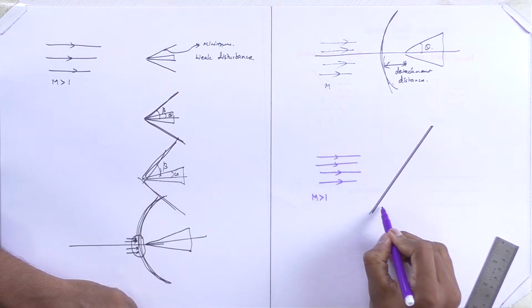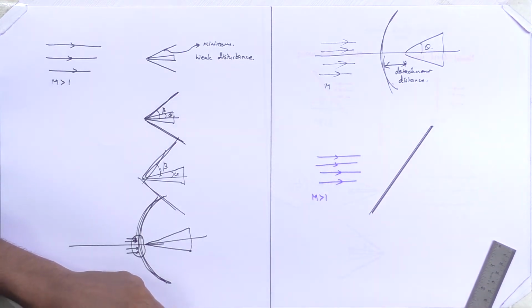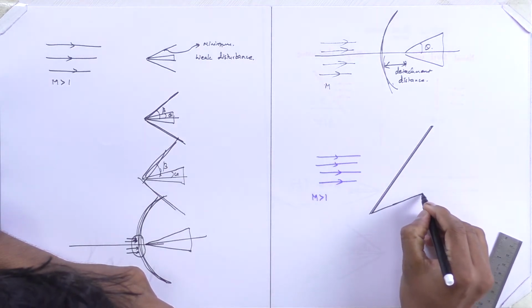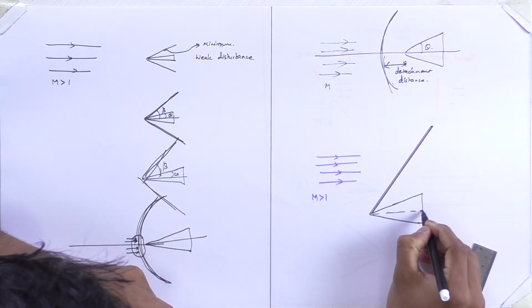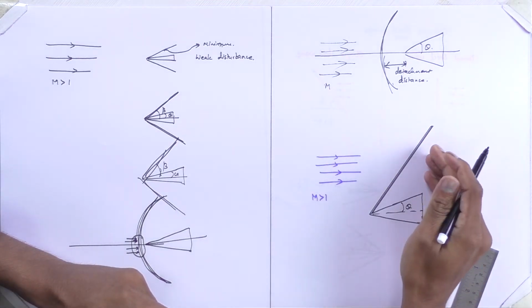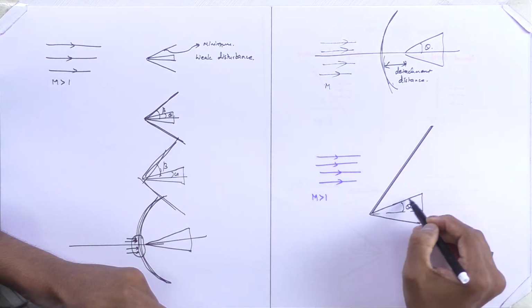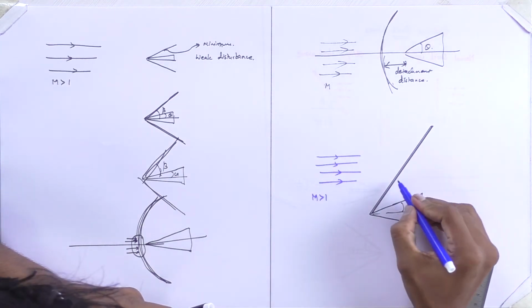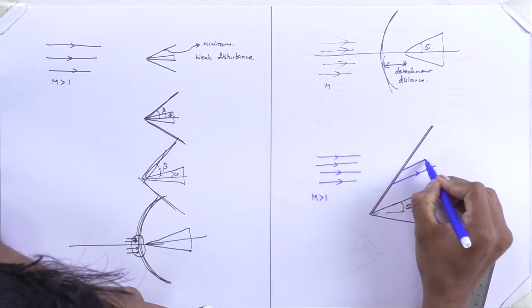Here we have a certain theta. Let's say this wave is produced by a disturbance which has a semi-wedge angle of theta. At downstream, the flow direction will be parallel to this surface.